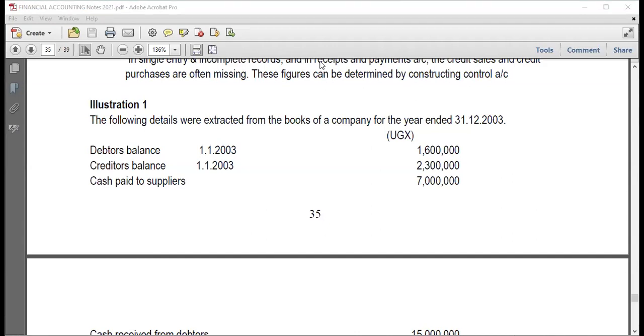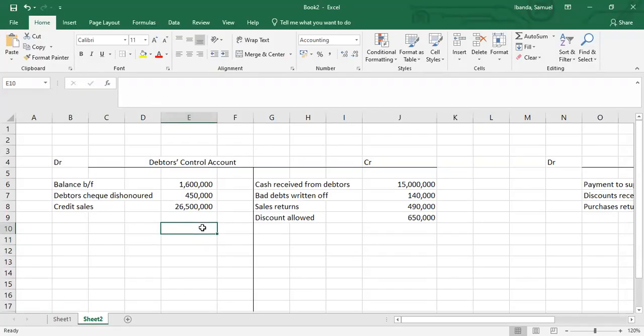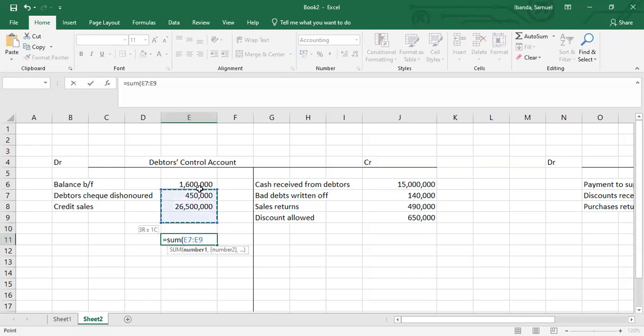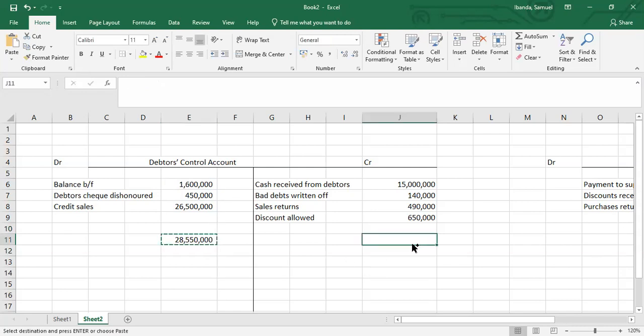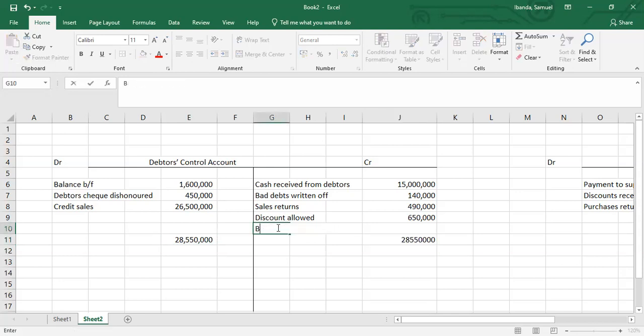So what I'll just do, I'll just look for a side that is higher. And since I know these are debtors, I know that they have a normal debit balance. So I know that this side will be higher than the other. So I'll just get the summation of this. This is about 28 million. So this side would also be the same thing, 28 million, but for it to be 28 million, I should have a balance carried forward, okay?